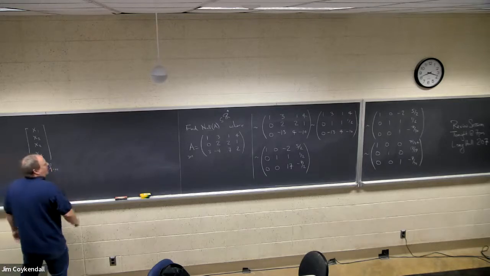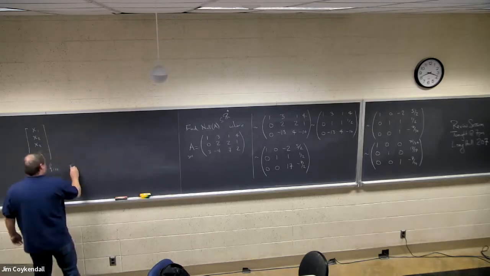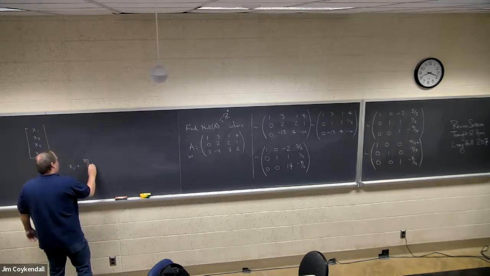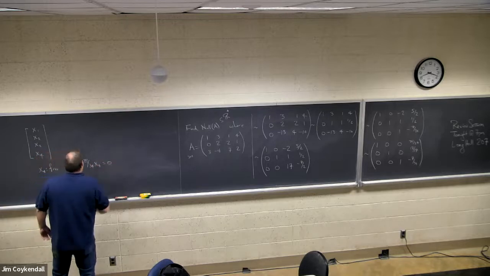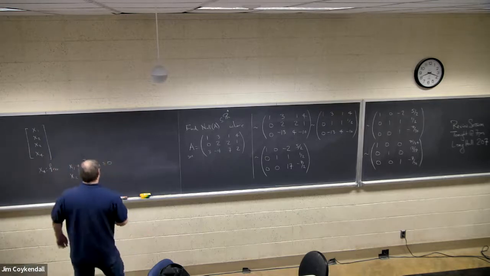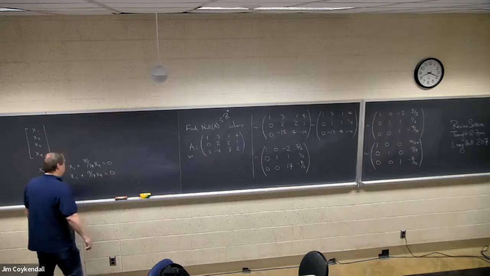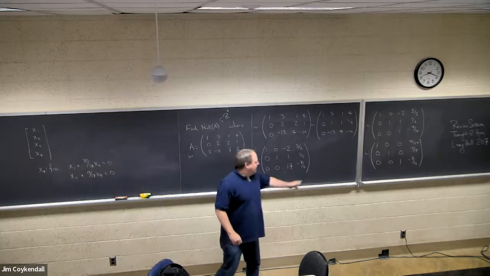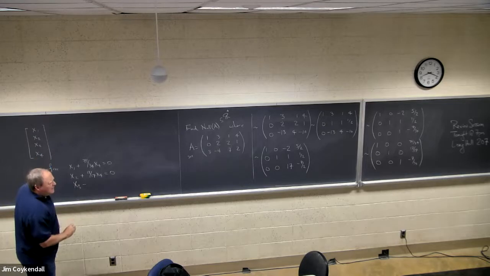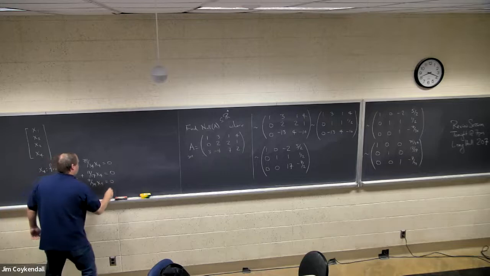And the first line of that matrix gives me X1 plus 71/34 X4 equals 0. Then I get X2 plus 12/17 X4 is 0. And finally, I get X3 minus 7/34 X4 equals 0.